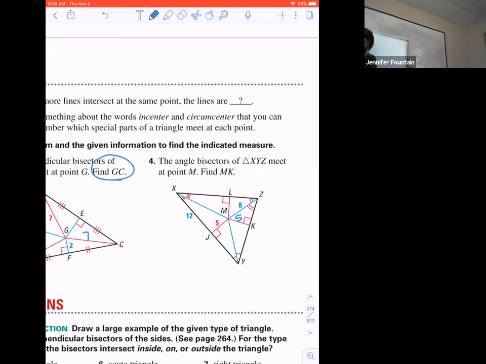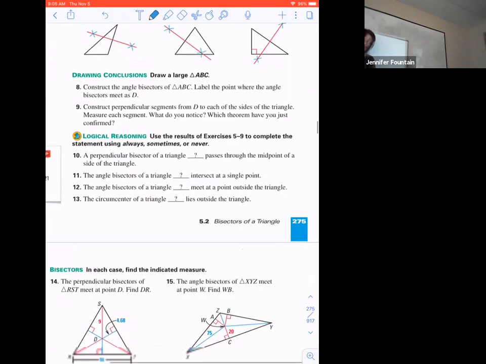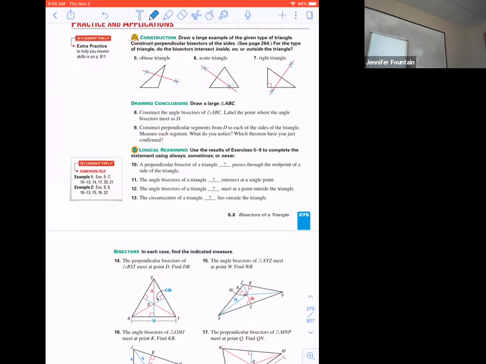So let's go ahead and take a look at the homework for this section. We will start with number 10, 11. Let's see. We're going to do 11 through 19 odds. Okay, so in this section, page 275, 276, 11 through 19 odds.